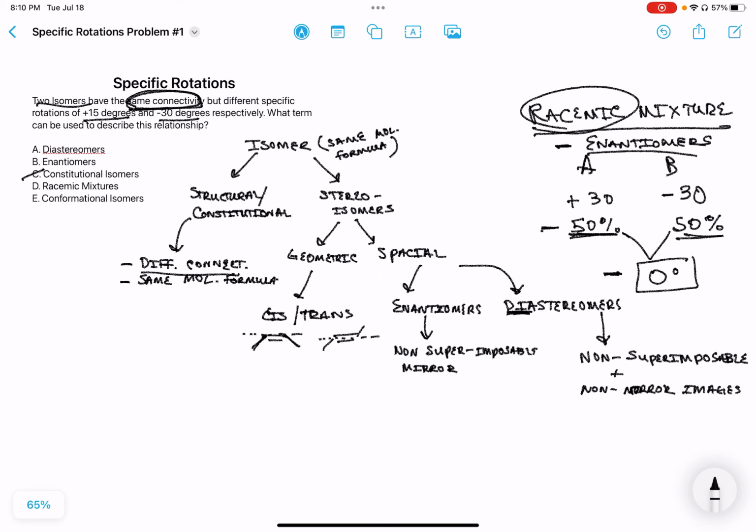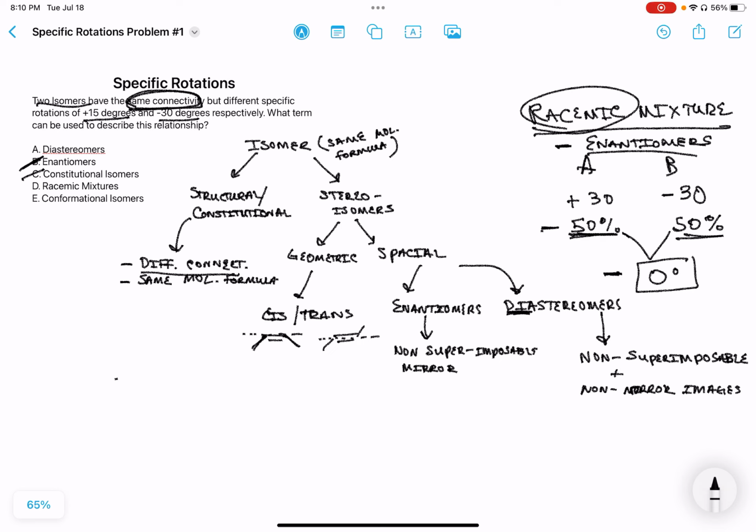What we have here is positive 15 degrees and negative 30 degrees. Are they enantiomers? No, because if they were enantiomers, you would see positive 30 and negative 30, or positive 15 and negative 15.